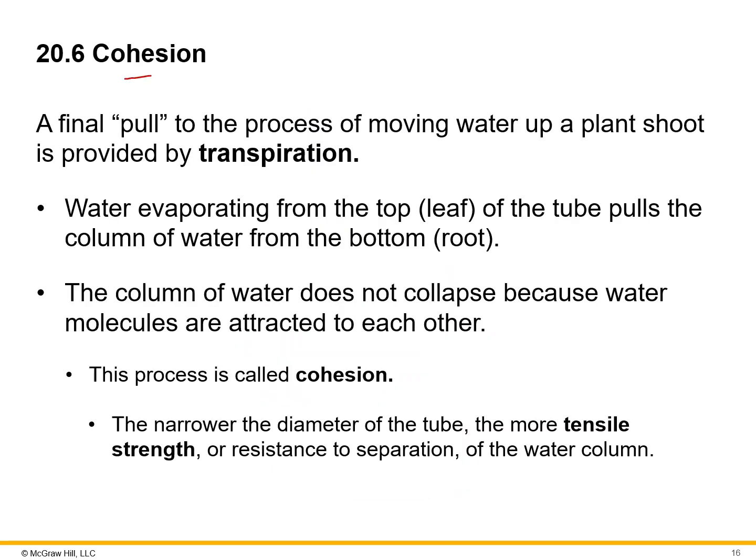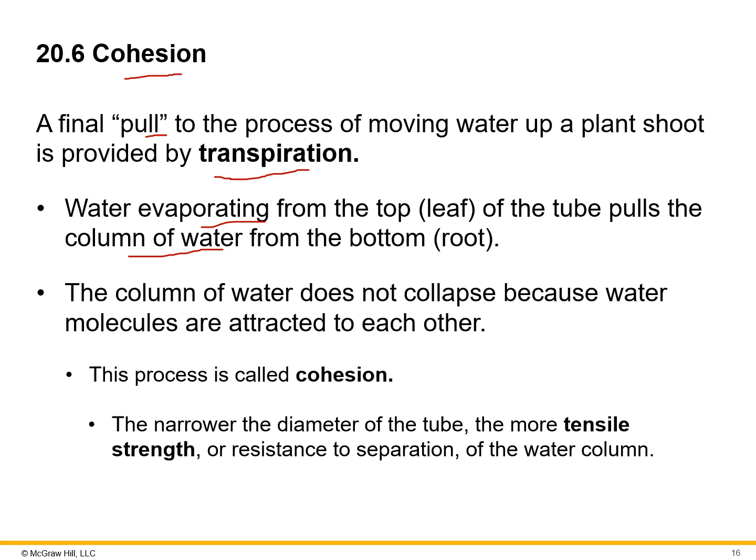Now another term, cohesion. So we have capillary action and adhesion. But in addition, cohesion is the final pull of the process, moved by what's called transpiration. Water actually evaporates from the top, the leaf of the tube, and that's going to pull the water up from the bottom. So essentially, the escape and evaporation of water pulls the water from further down the stem or into the roots up.